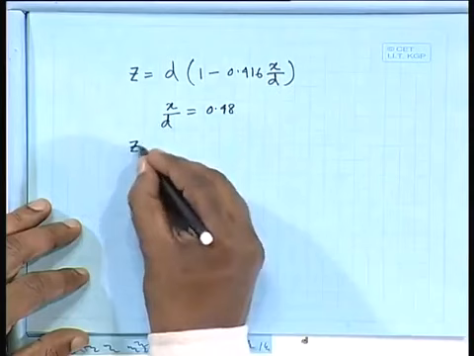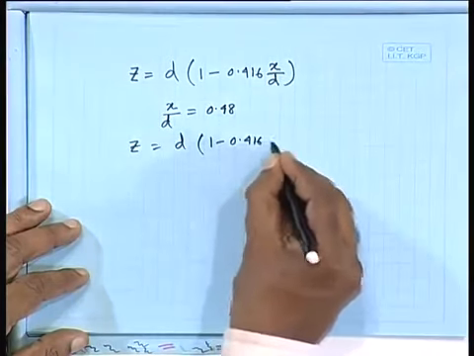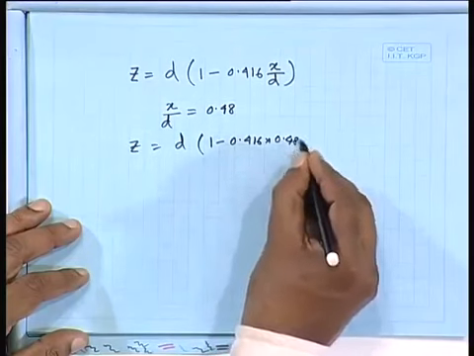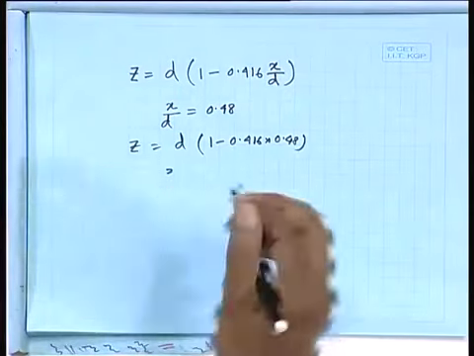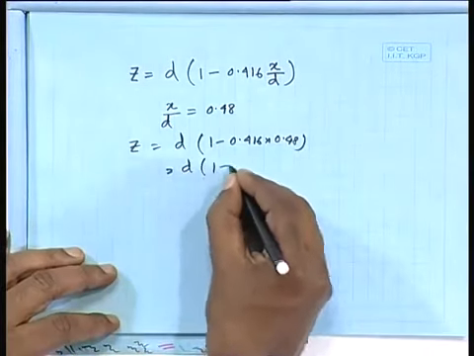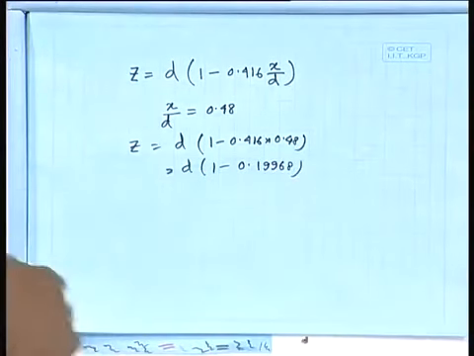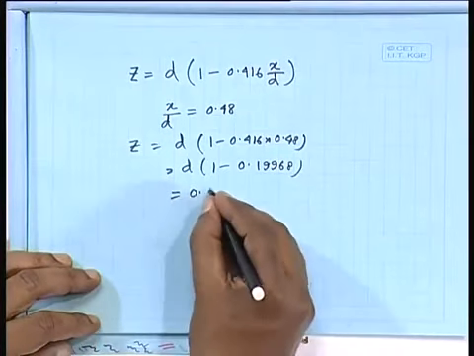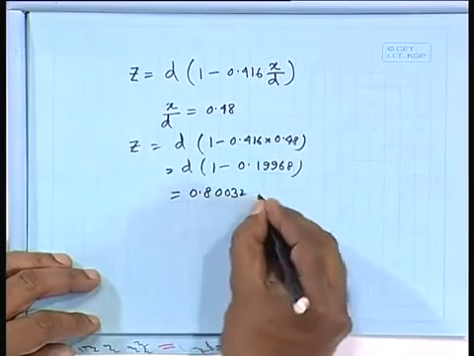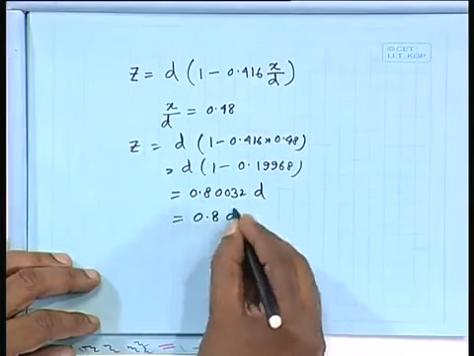So z will be equal to 1 minus 0.416 times 0.48. So we can get it 0.9968, no, 0.80032 d. That means simply 0.8 d.